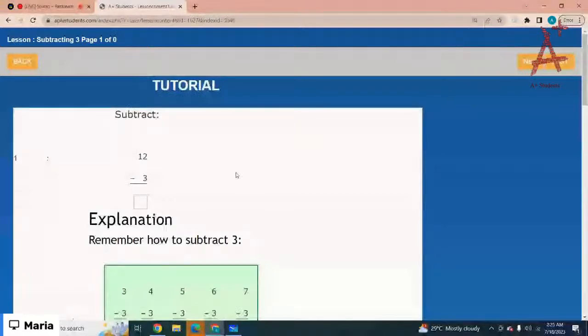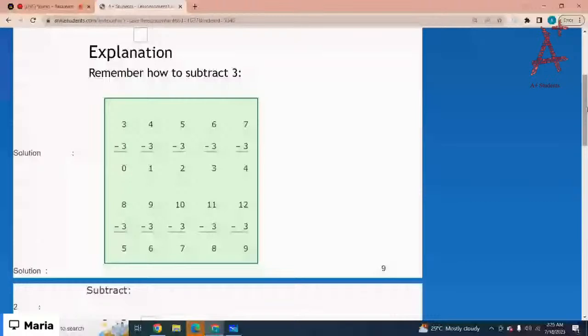Like 3 take away 3 is 0, 4 take away 3 is 1, 5 take away 3 is 2, 6 take away 3 is 3, 7 take away 3 is 4, 8 take away 3 is 5, 9 take away 3 is 6, 10 take away 3 is 7, 11 take away 3 is 8, 12 take away 3 is 9.